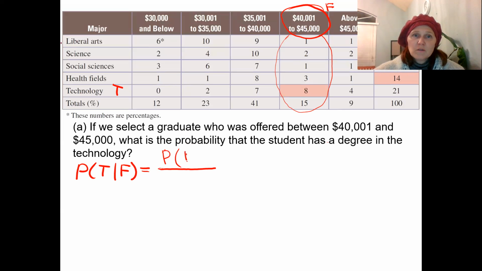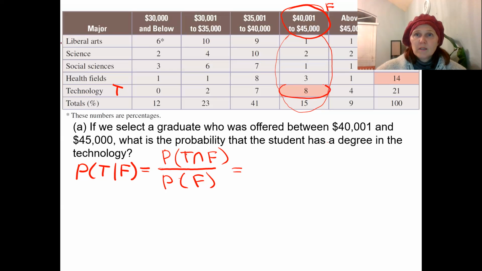getting technology and 40 to 45,000 divided by the probability of 40 to 45,000. The intersection is 8.